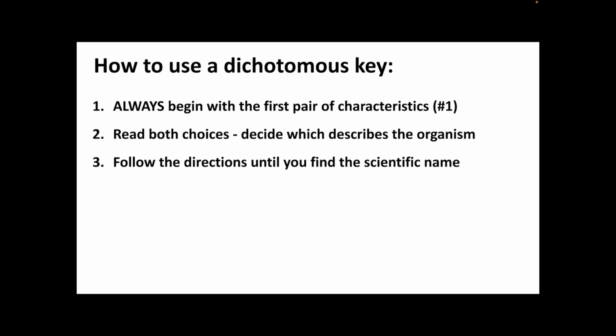You aren't ever going to choose both. You're always going to choose one of the two options. Once you've decided which option fits your organism, you follow the direction seen at the end of the line until you no longer have directions on where to go next. You're given the name of the organism.